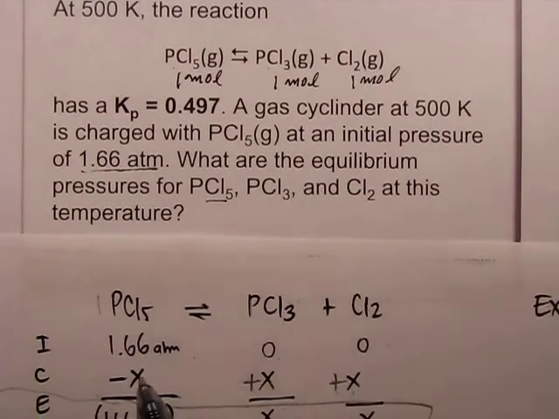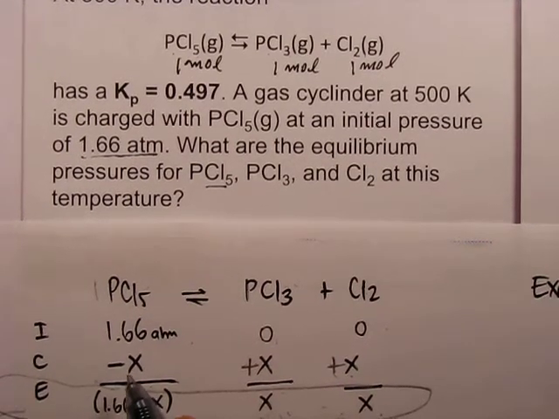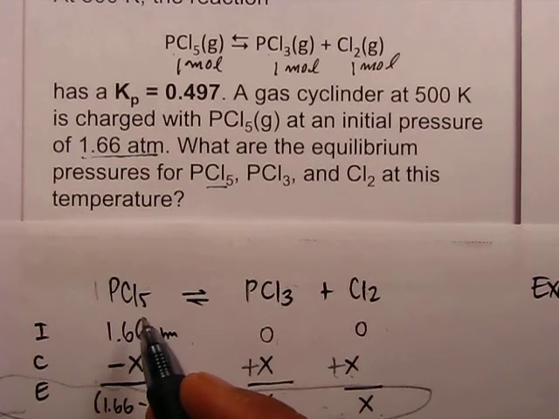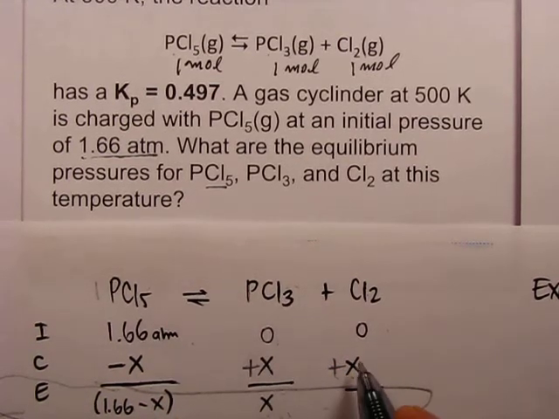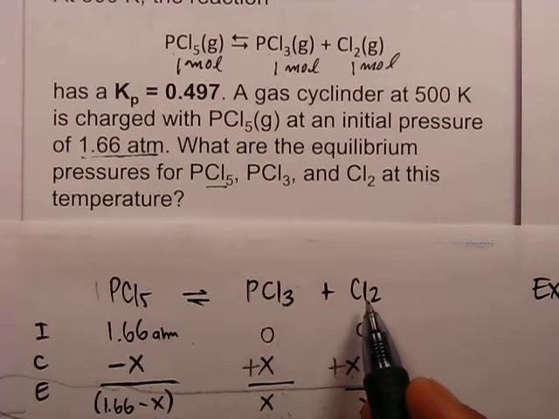It means if a change happens, suppose x mole of PCl5 is consumed, then x mole of PCl3 and x mole of chlorine will be formed.